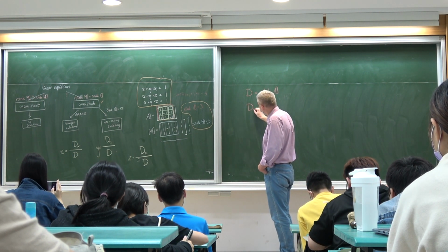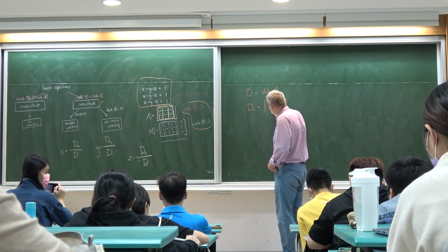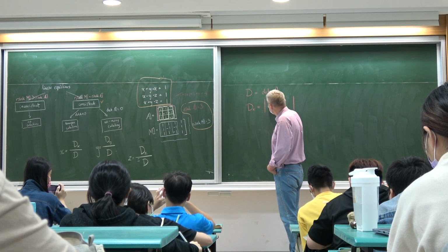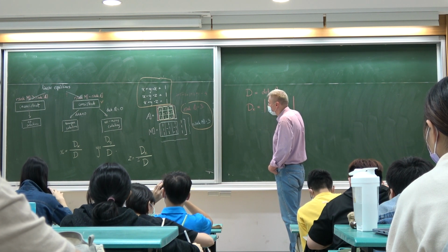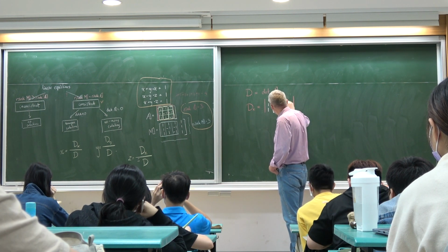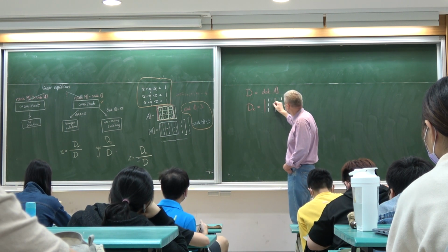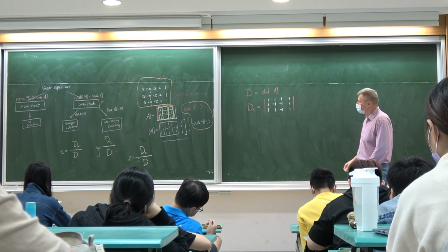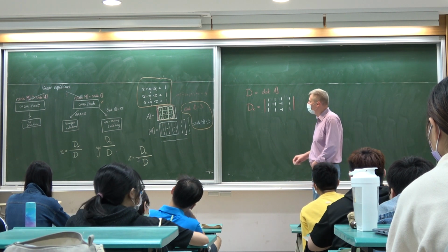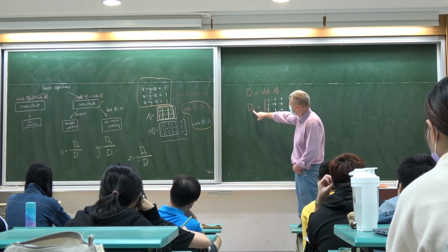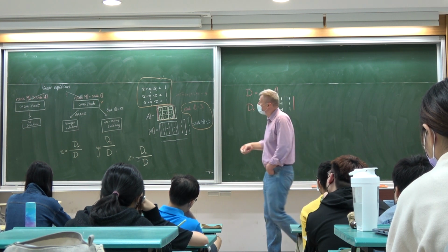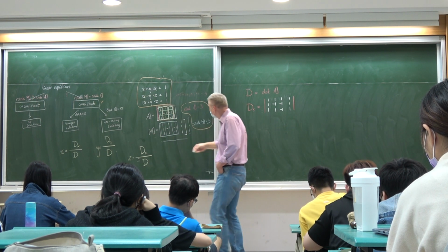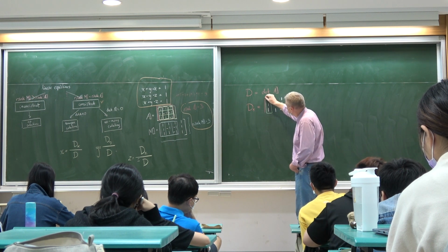Dx is a determinant of the matrix M, and let's write this M: 1, 1, 1, 1, 1, 1, 1, 1, 1, 1, 1. I need to put minuses. Minus, minus, minus. It is a determinant of a matrix M in which the column corresponding to X has been removed. The column corresponding to X are these coefficients, 1, 1, 1. So the first column, that column is removed.